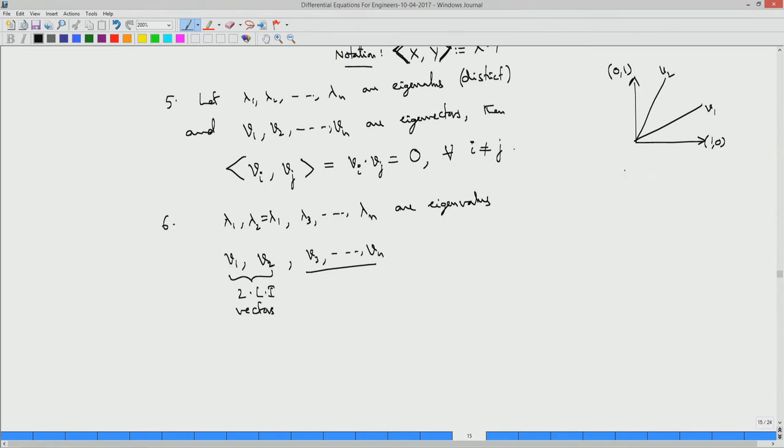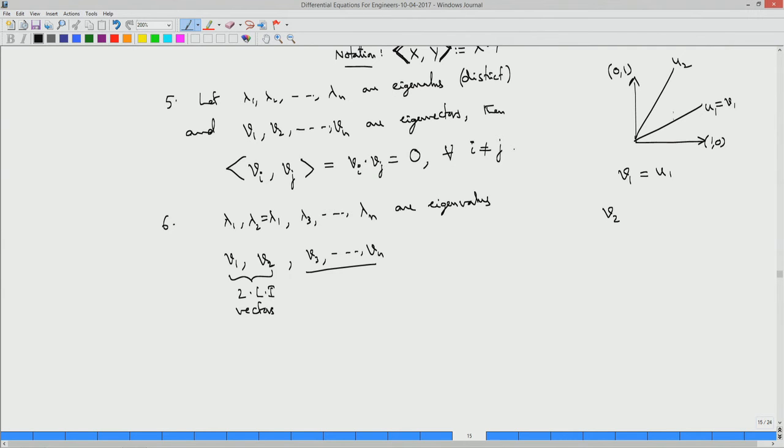Let us call U1 one vector and U2 another vector. They are clearly not orthogonal. You want to make them orthogonal, so you define it like this: you take V1 as U1, this itself is V1.